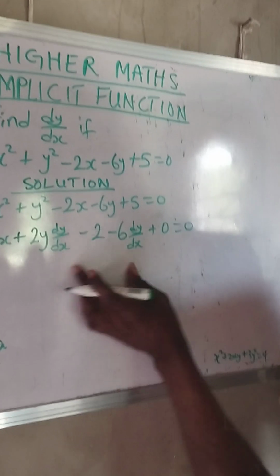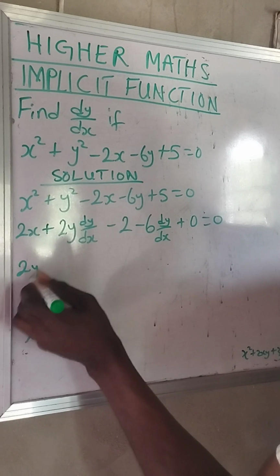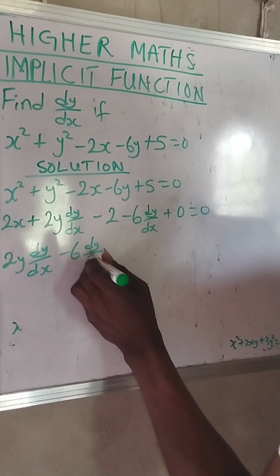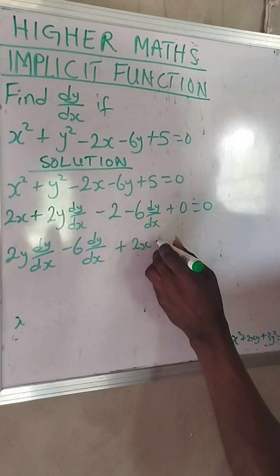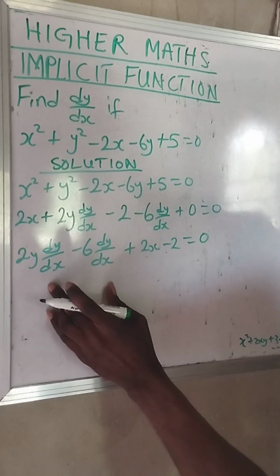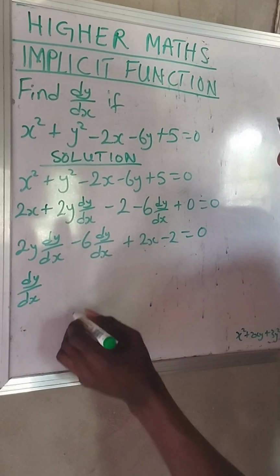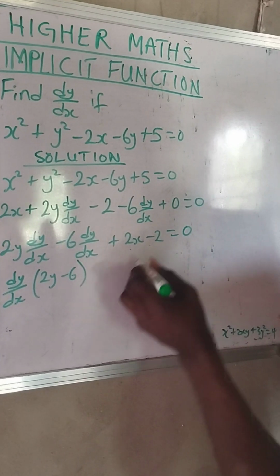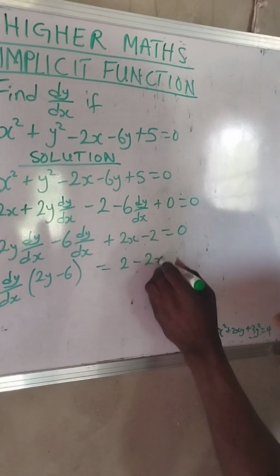So now let's bring the dy dx terms together. We have 2y dy over dx minus 6 dy over dx, then plus 2x minus 2 equals 0. dy dx is common here, so we factor it out: dy over dx bracket 2y minus 6. Then we take this to the other side, you have 2 minus 2x.